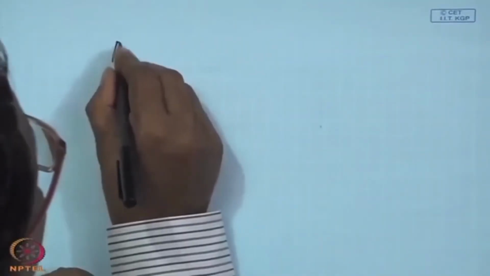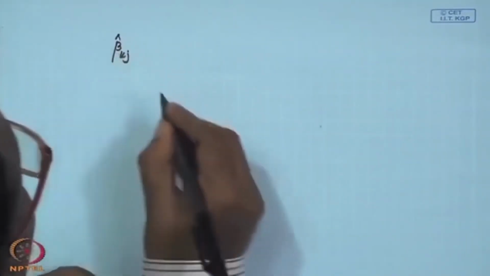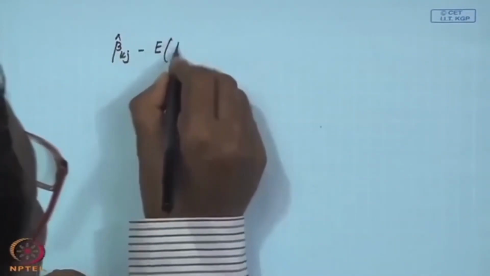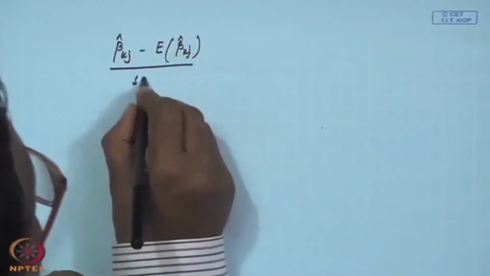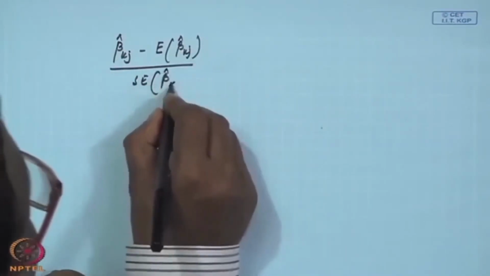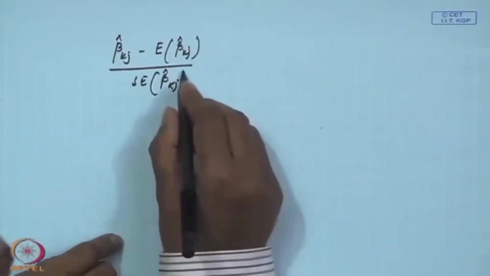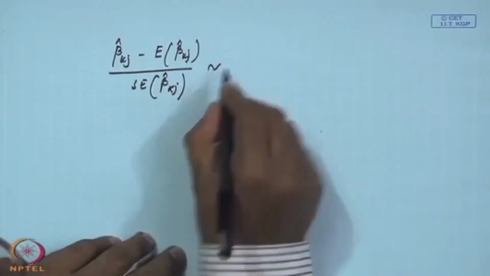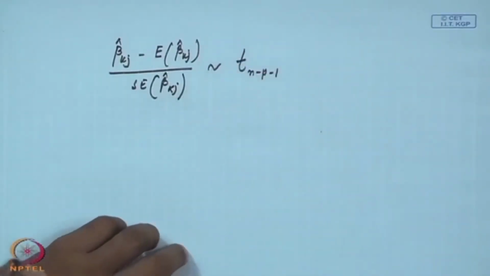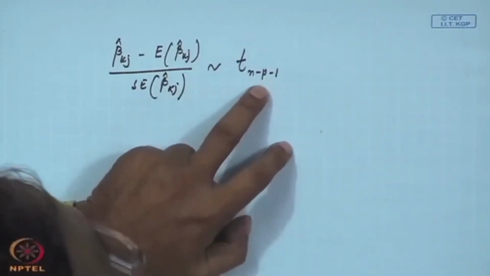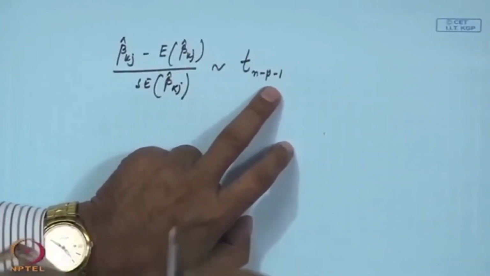We can write that beta cap kj minus expected value of beta cap kj divided by standard error of beta cap kj, these are estimates, follows a t distribution with n minus p minus 1 degrees of freedom. See, here also the degree of freedom is n minus p minus 1.